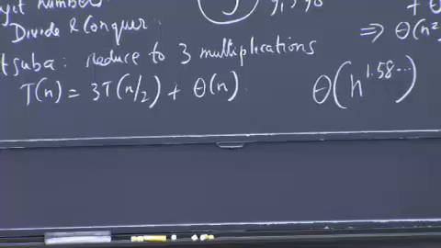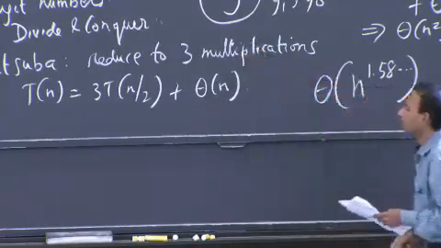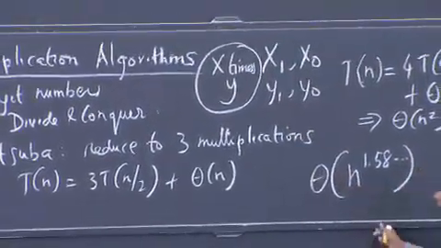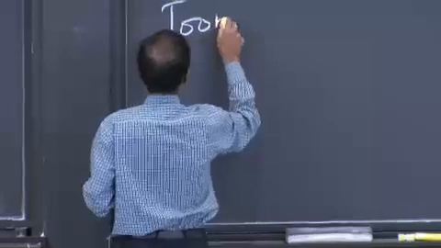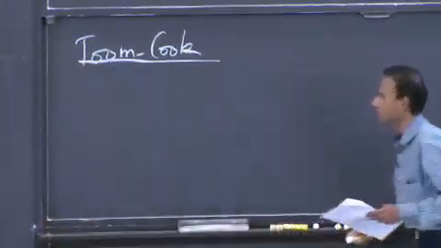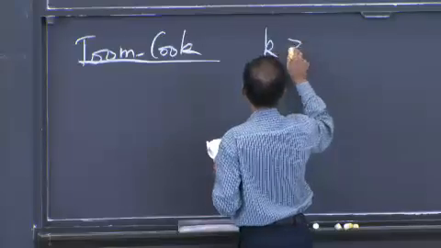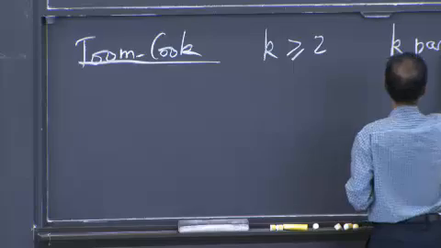And this ends up having 1.58 complexity. Okay? No reason to stop with breaking things up into 2 parts. You could imagine generalizing Karatsuba, and people have done this. 2 different researchers, Toom and Cook, generalized Karatsuba for the case where k is greater than or equal to 2, where you're breaking it into k parts.